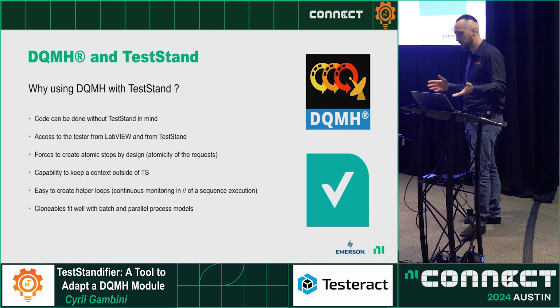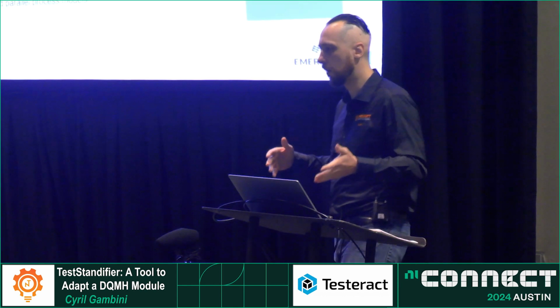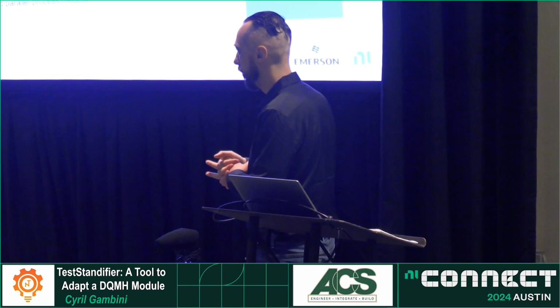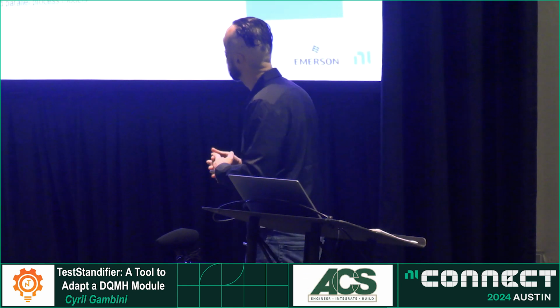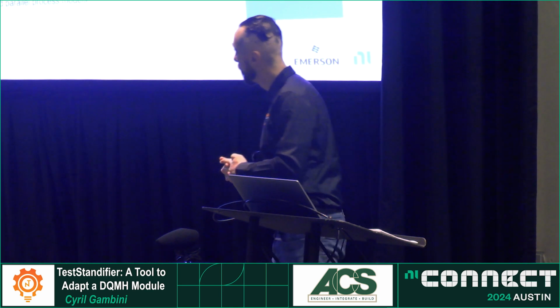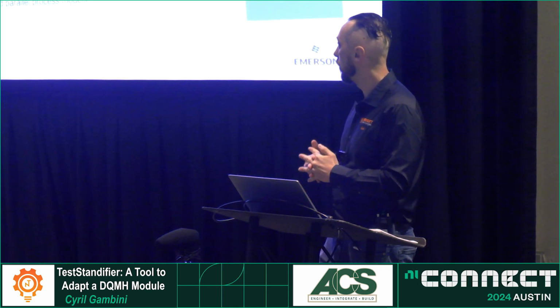And also, as I said before, one of the default templates that you have with DQMH is that you can make a module clonable, and that will fit well with batch and parallel process models.